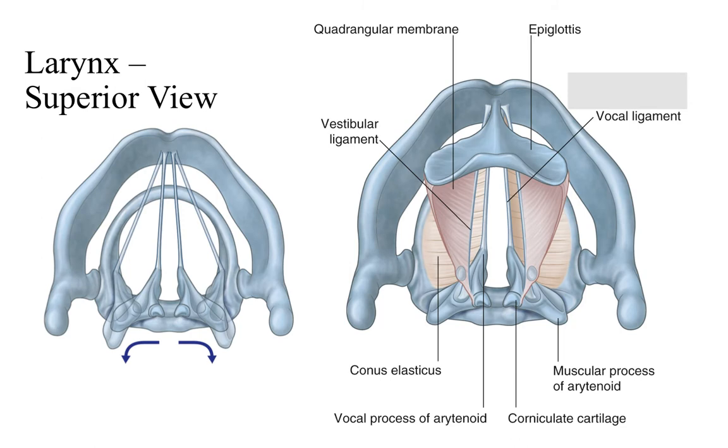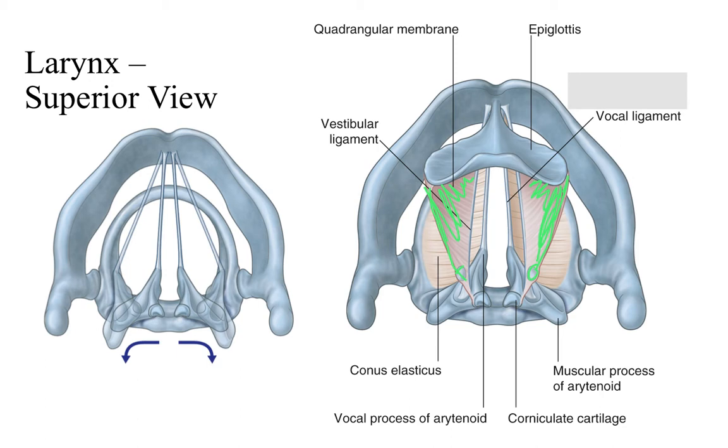So this is a better view than the previous picture of where those smaller cartilages sit. Here are your cuneiform cartilages, and here are the aryepiglottic folds that they are embedded within. And notice that these go along the lateral parts of the epiglottis. So when it closes, when the epiglottis flaps over the top of the glottis, these folds are going to fold down with it.